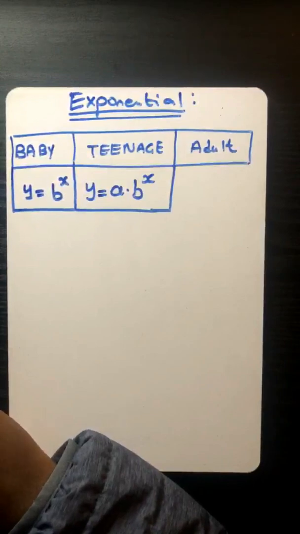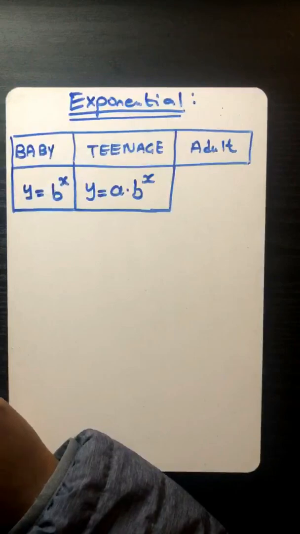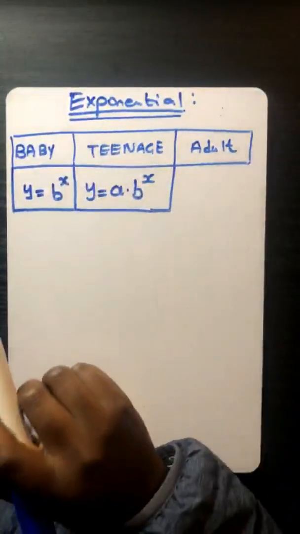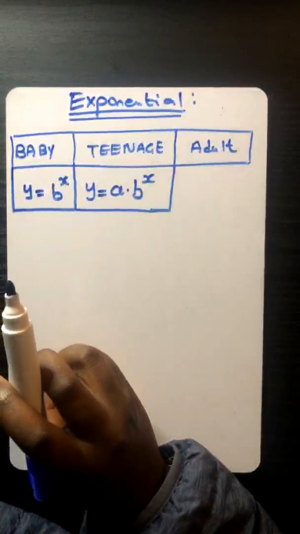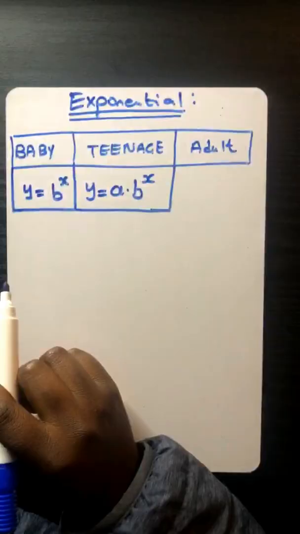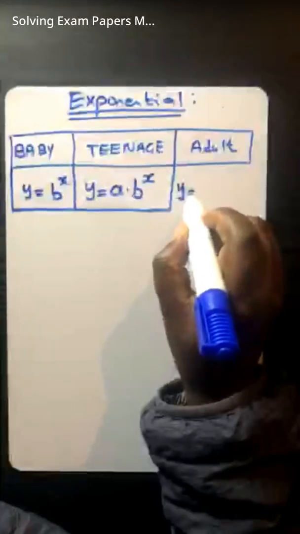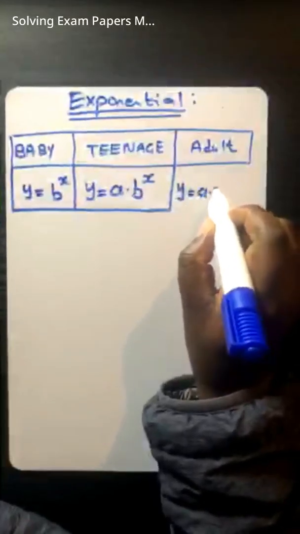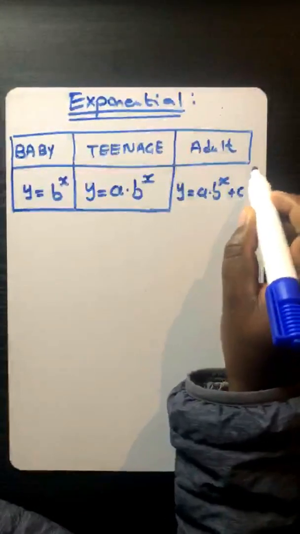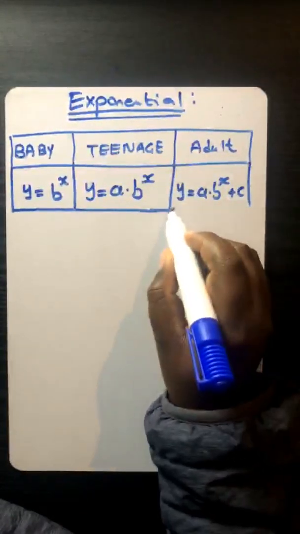And most importantly, ladies and gentlemen, as you grow from teenage stage, you now enter into an adult stage. And at an adult stage, this is how the function normally looks. It's y being equal to a multiplied by b to the exponent x, and then we've got plus c over there.